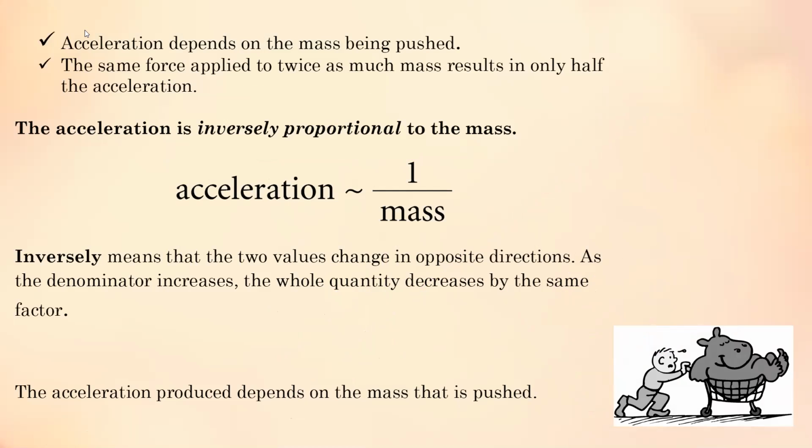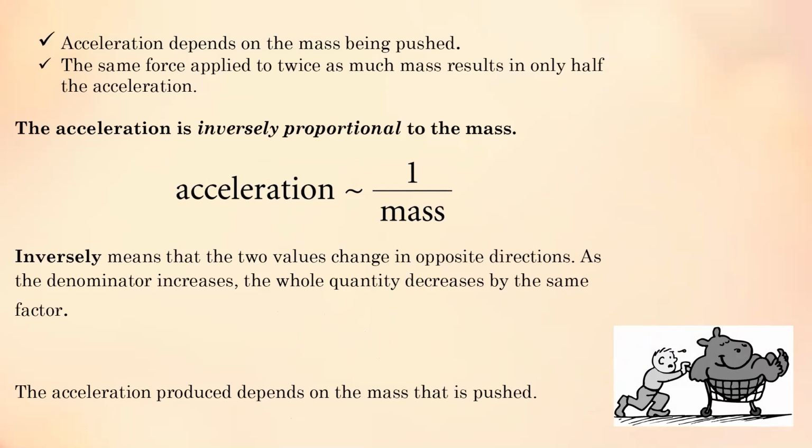That means the acceleration depends on the mass. So the force depends on the acceleration, and the acceleration depends on the mass. The same force applied to twice as much mass results in only half the acceleration.